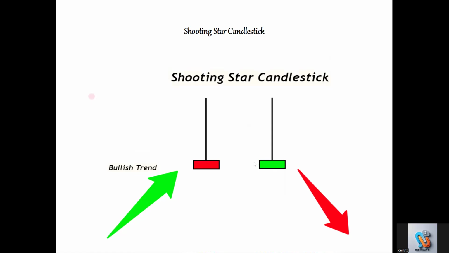It means that by the time the candle closed, there were still buyers in the market. So once something like this happens, all you need to do is wait for confirmation, wait for the next candle to open. Once the next candle opens, there will be some buyers before sellers come, take over, and start pushing the price down.